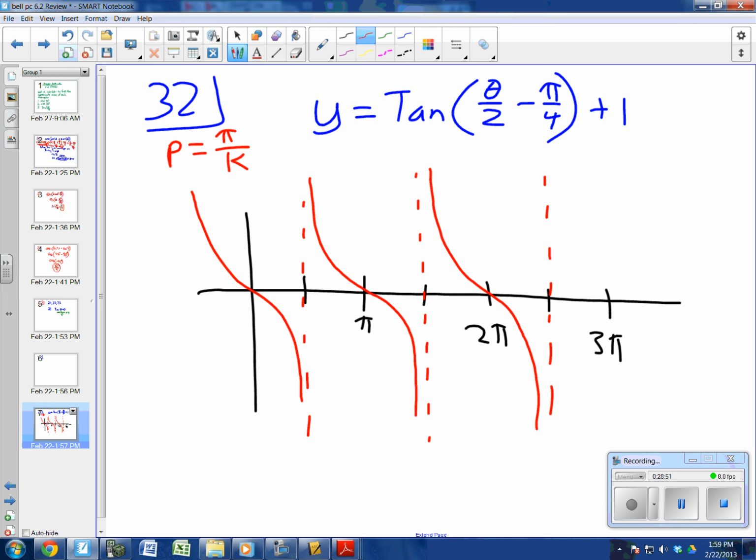And we know that k is 1/2, because when it says theta divided by 2, it's 1/2 theta. So I'm going to have p equals pi divided by 1/2. If I invert and multiply, I'm going to get 2 pi. So now one cycle is going to take 2 pi to complete. So it's going to be twice as long. Yes, Jared?